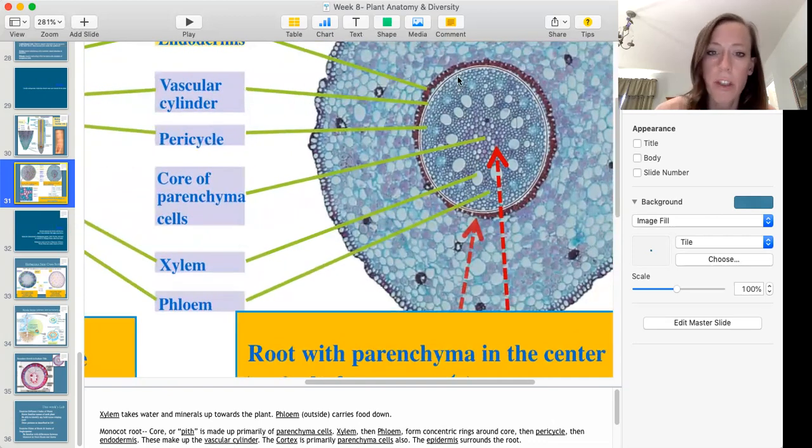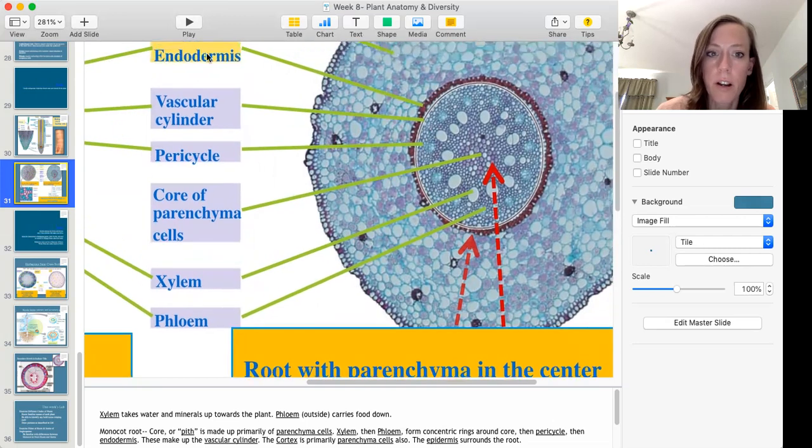I'll also mention that there are single layers of what we call pericycle, and then just outside that, endodermis, you'll see here. A layer of cells that makes up the endodermis, and a layer just inside that that makes up the pericycle. And the pericycle is what actually produces those root hairs that we had looked at in our zone of cell differentiation.